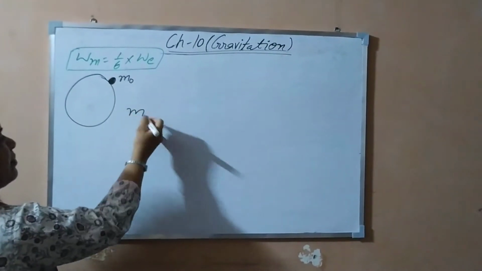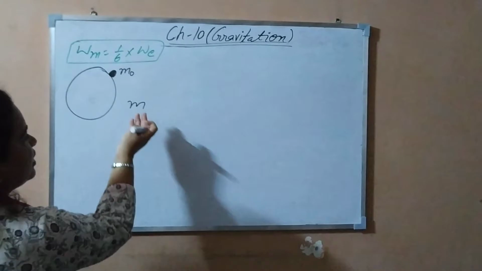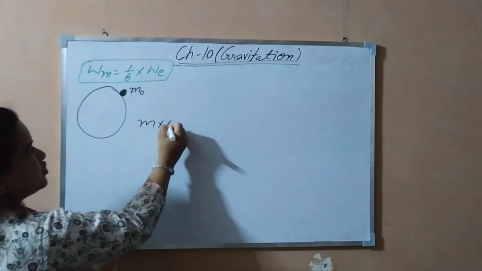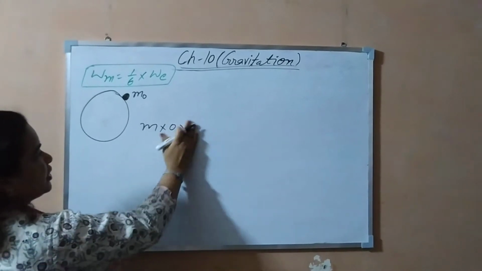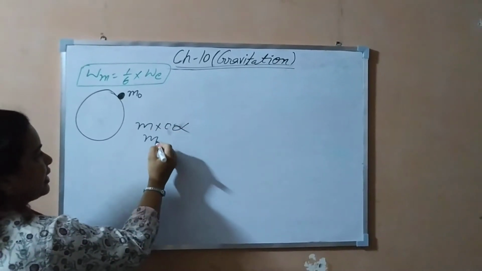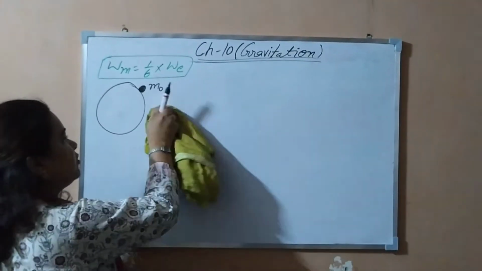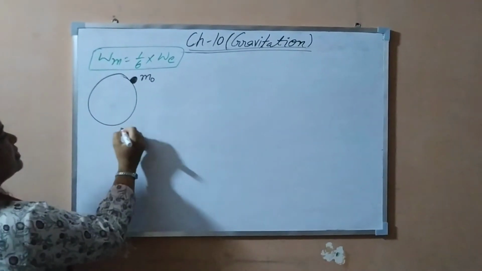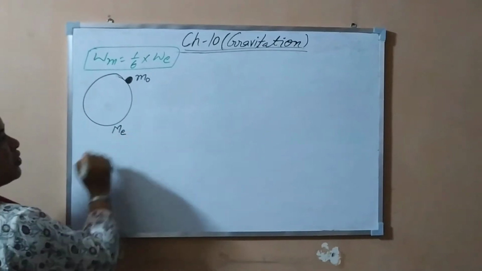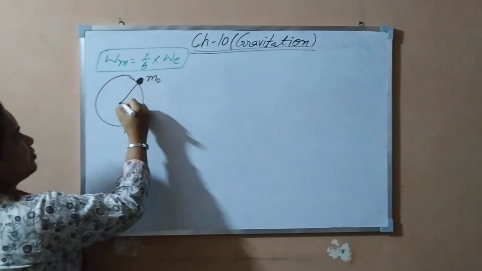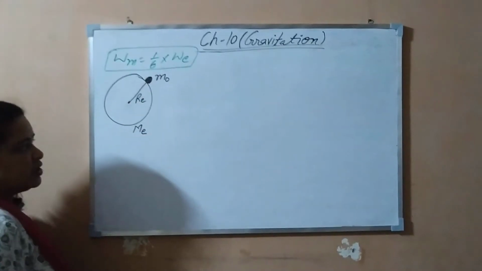If I write M everywhere, you will not be able to understand whose mass it is, so we use the lower subscript to specify the mass of the object. This is the earth, so the mass of earth is capital M_e, and this line joined from its center is the radius of the earth, R_e.